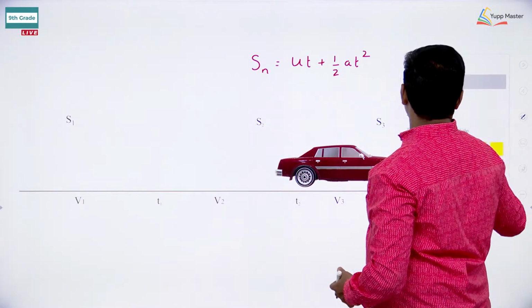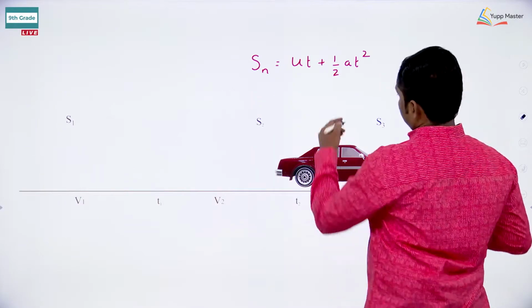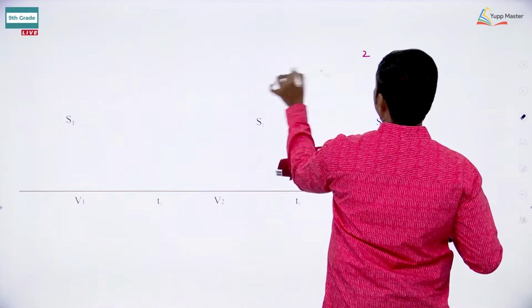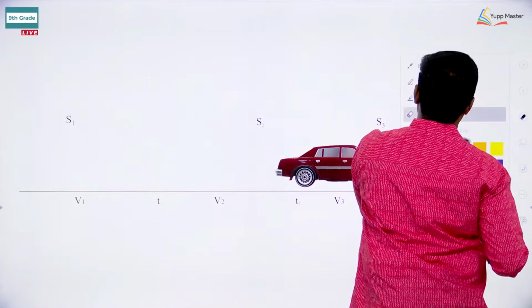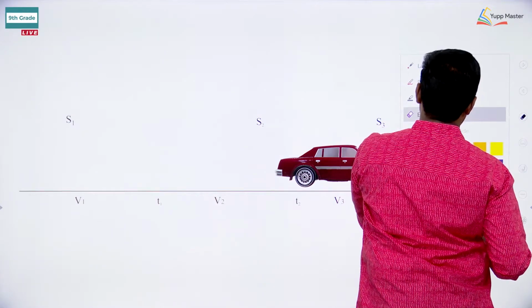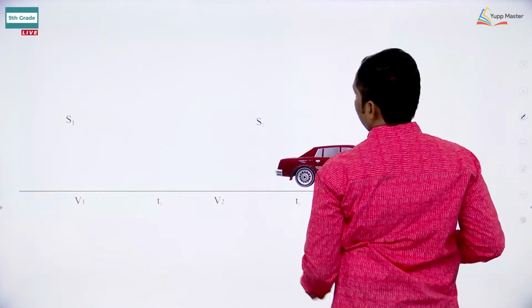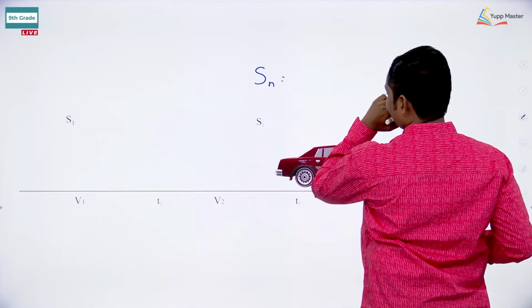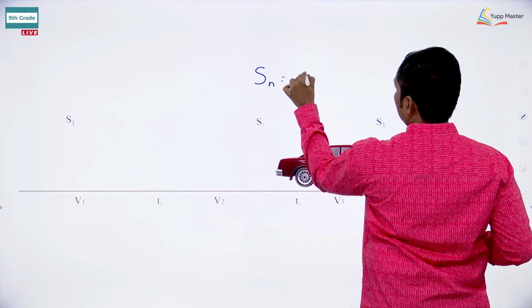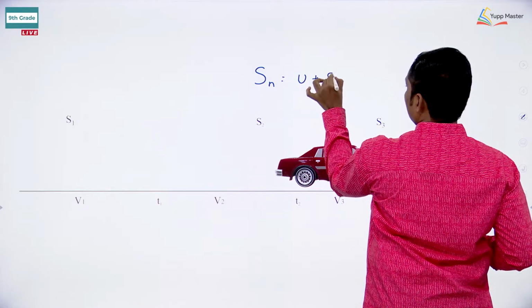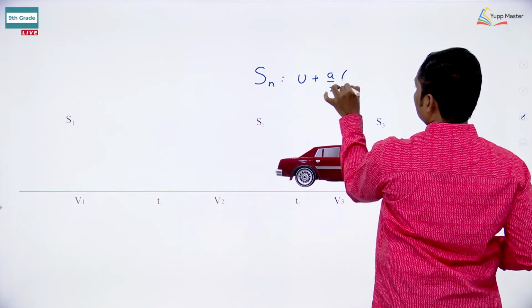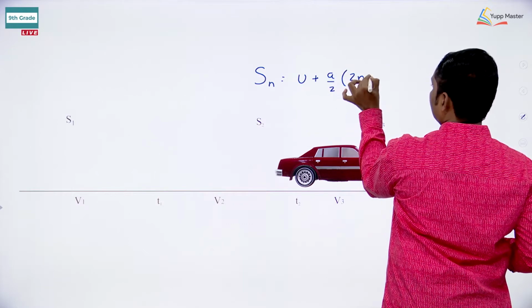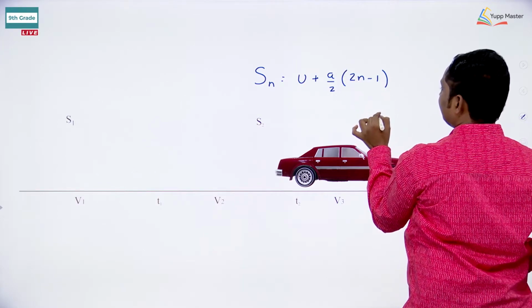So, they are going to talk about some distance covered by the body at different intervals. Here you will take that Sn is equal to u plus a by 2 into (2n minus 1), right.